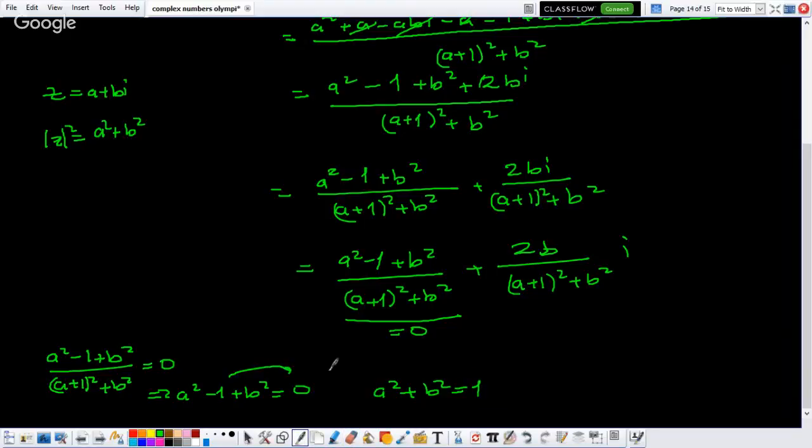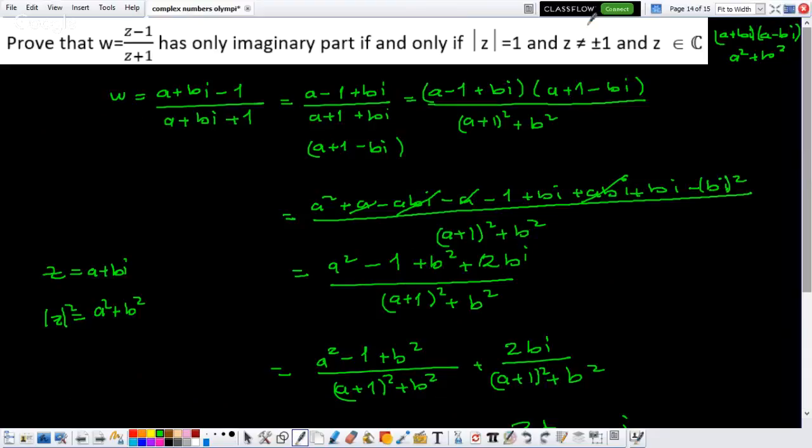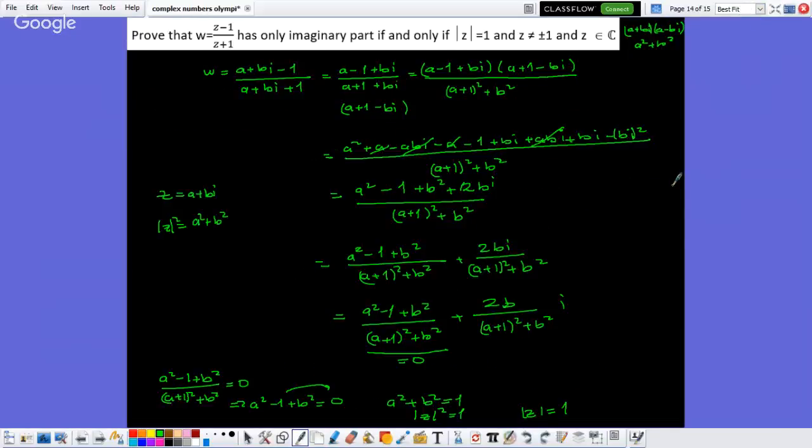So the z modulus squared is equal to 1, which means the z modulus is equal to 1. And I'm going to read the question again: if and only if the z modulus is equal to 1. Here it is.